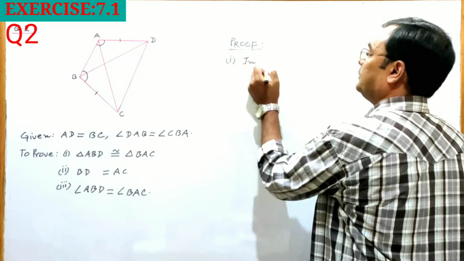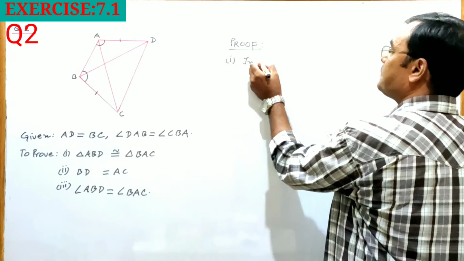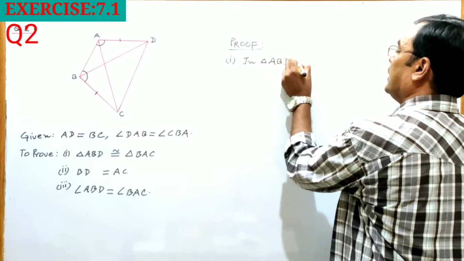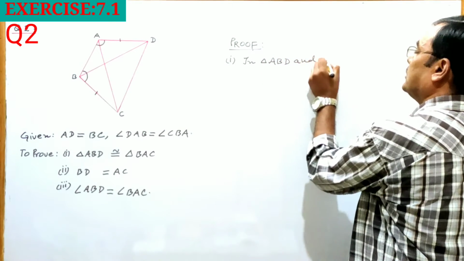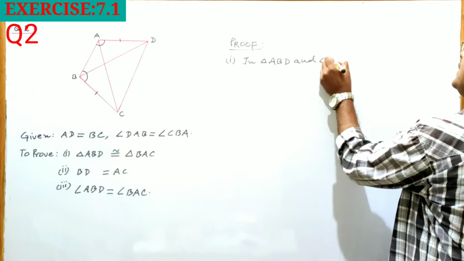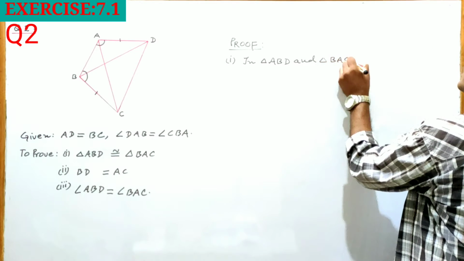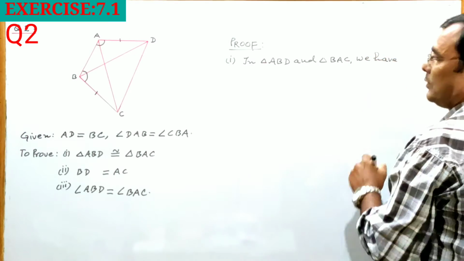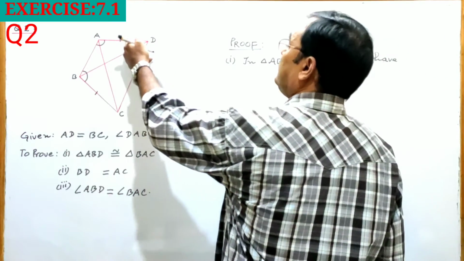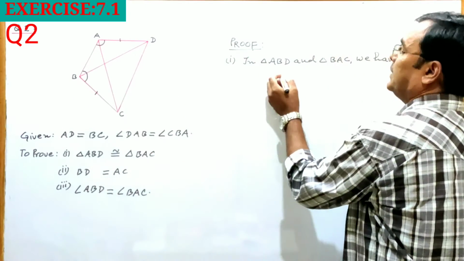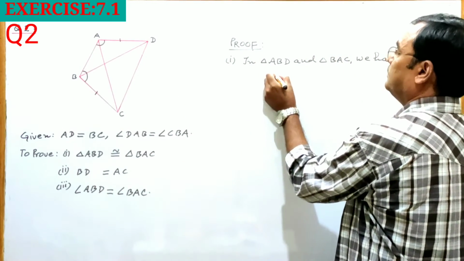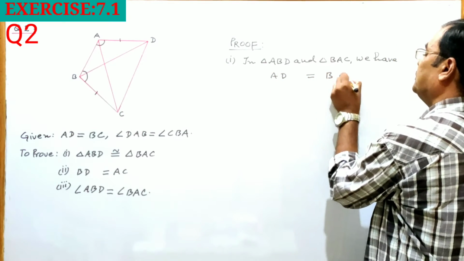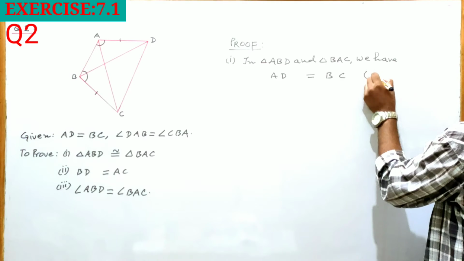In triangle ABD and triangle BAC, we have AD is equal to BC. Given.